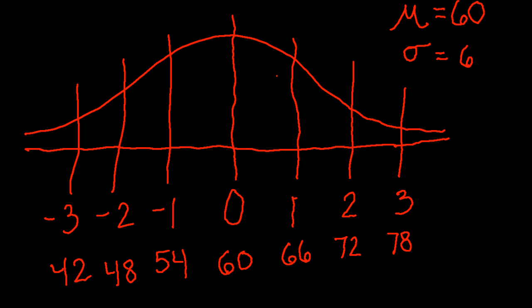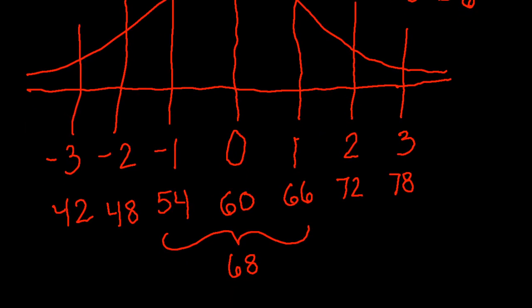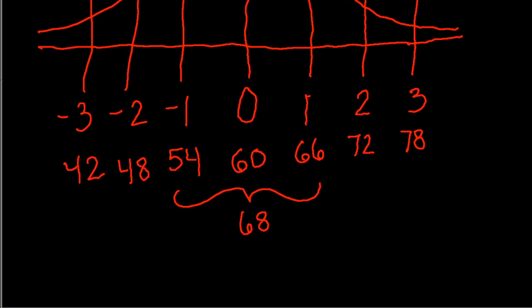The last thing I want to do is remind you guys to put our percentages for each one. So between our -1 standard deviation and +1 standard deviation, we're going to write 68%. Just below that, we're going to do from -2 standard deviations all the way to +2 is going to be 95%.